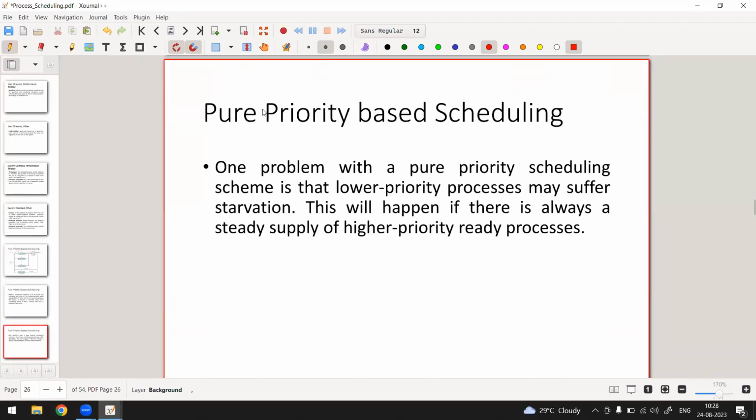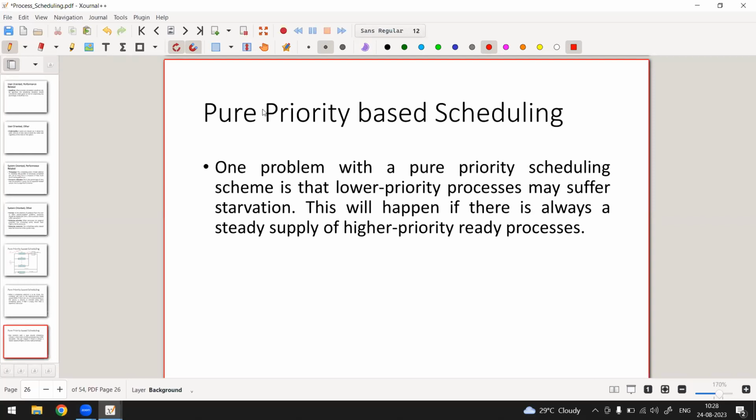Now, what is the problem with the pure priority based scheduling? The problem is that with pure priority based scheduling, the lower priority processes will suffer starvation. When will this happen?